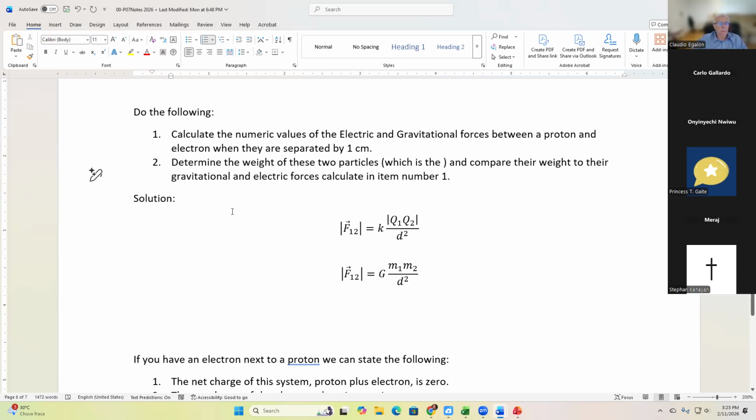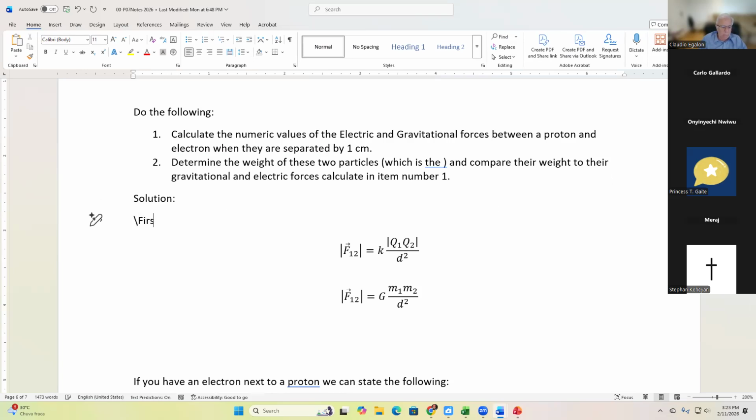First part. Don't underestimate what we are doing here. It is very important that we have an idea of the numerical value of those forces, so you know when to neglect one force and when not to.